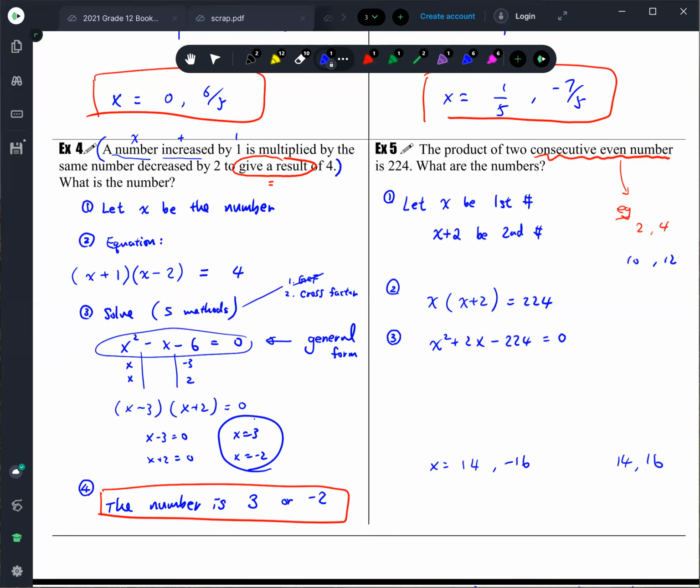So you could try factoring it, but since we just learned the quadratic formula, you could also use the formula if you like, if you find factoring takes too long, right? So either way, okay, you can try to find the answer. Okay, raise your hand if you found the two numbers.